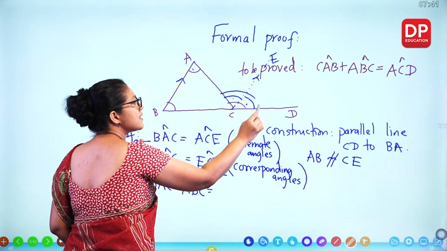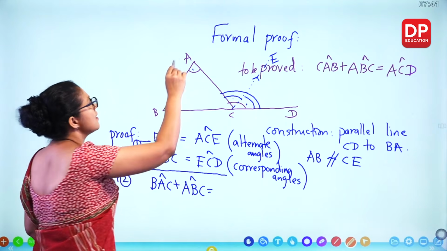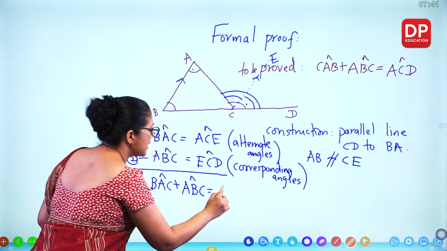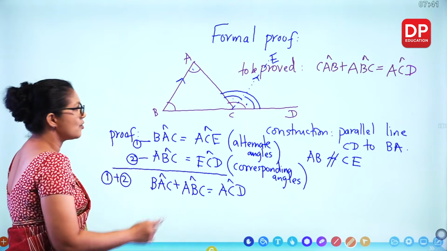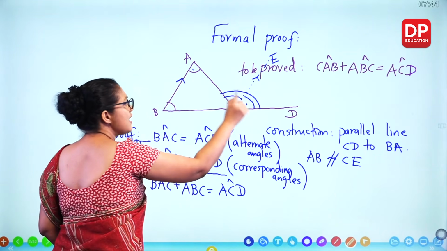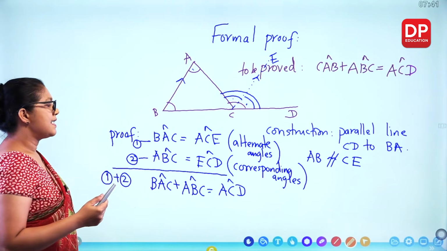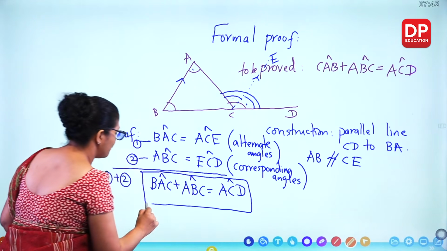So you get this full angle. So that's ACD angle. That's the exterior angle. So here the sum of these two angles is equal to the exterior angle. So that's what we needed to prove.